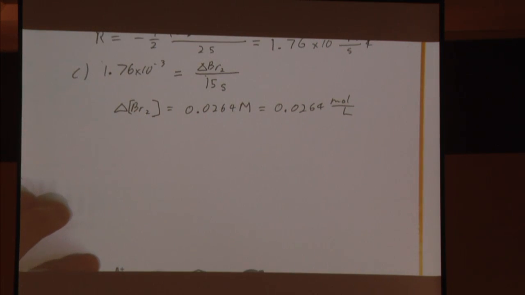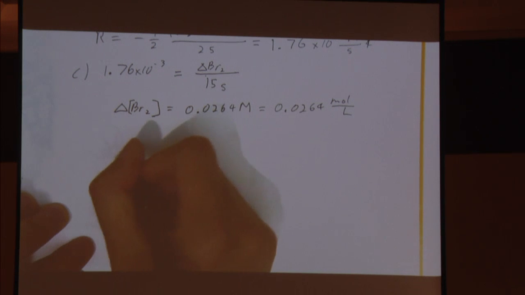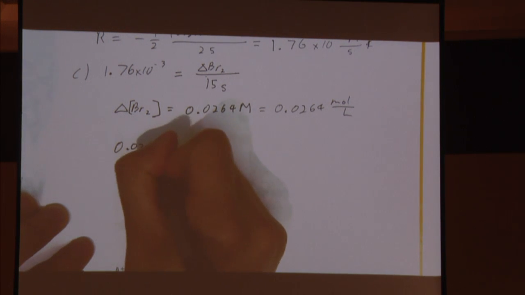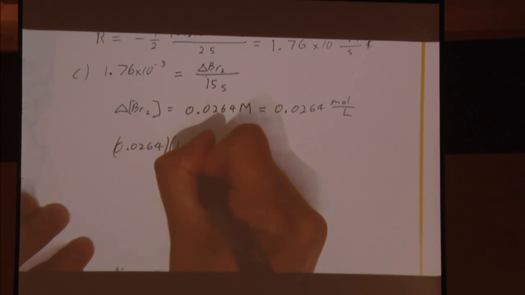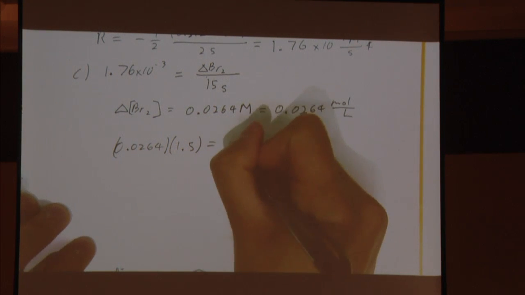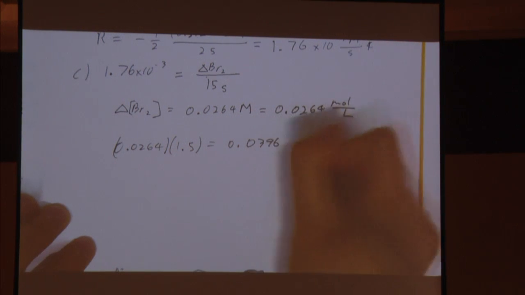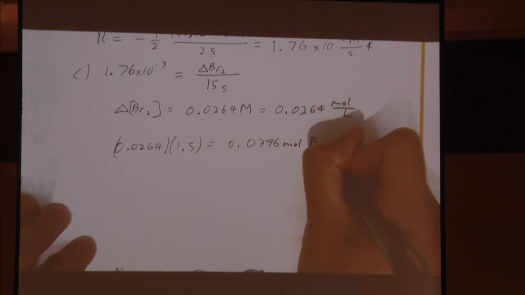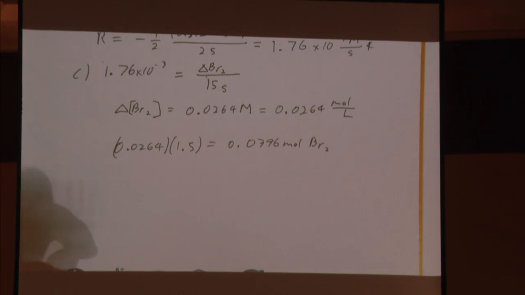Then we can just multiply by our volume, 1.5. And that is how many moles that we made.